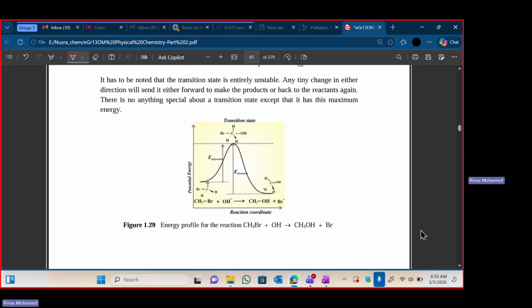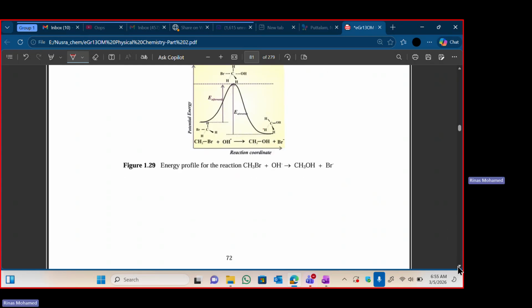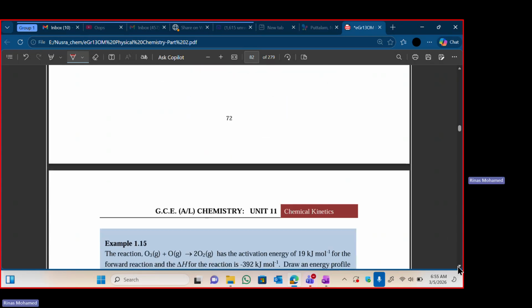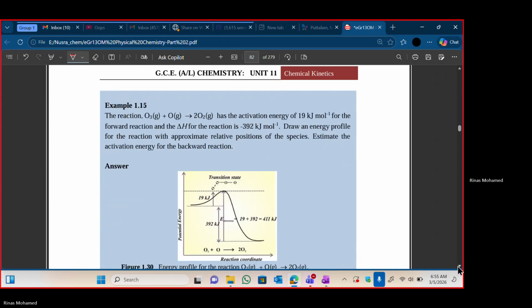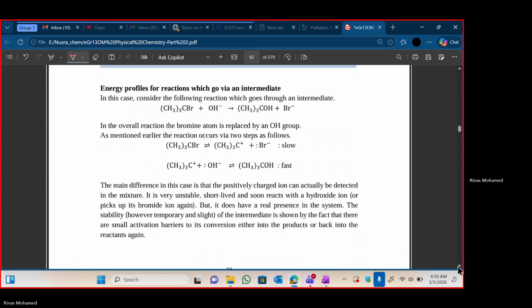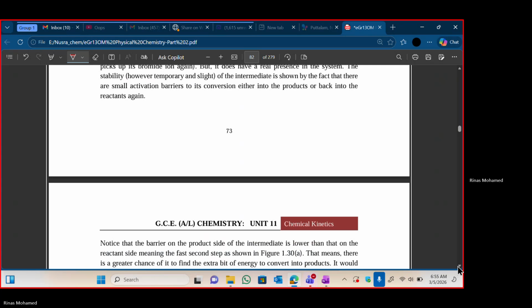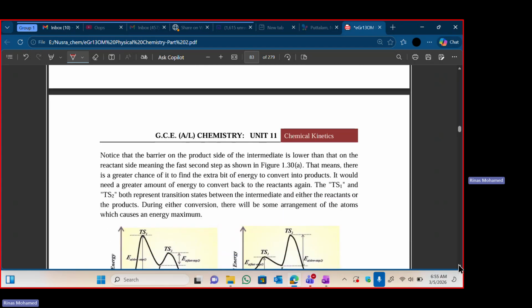Likewise, you can draw energy diagrams. Please go through the note very carefully. Right? Those graphs are for single step reactions.